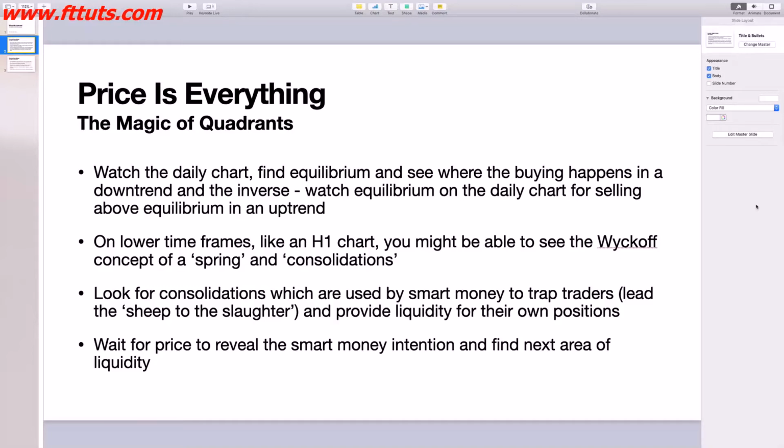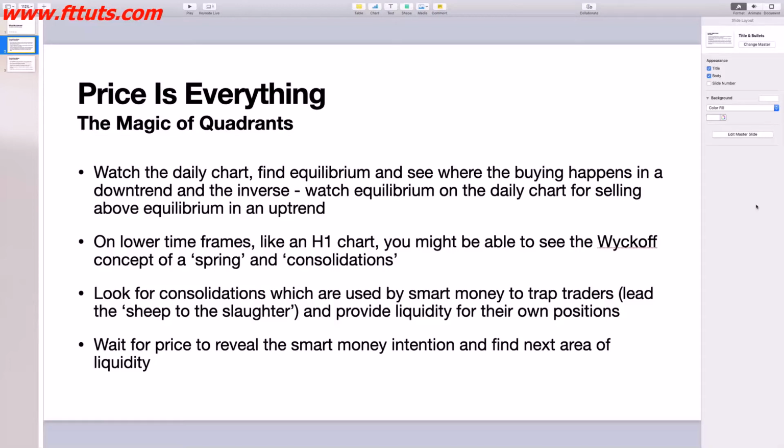They'll break down through that period of consolidation on a downtrend, and they'll break upward after consolidation on an uptrend. And that typically will draw in investors who are looking for breakouts in those consolidation periods, and it allows the smart money to go in and sell into those long positions or to buy those short positions.